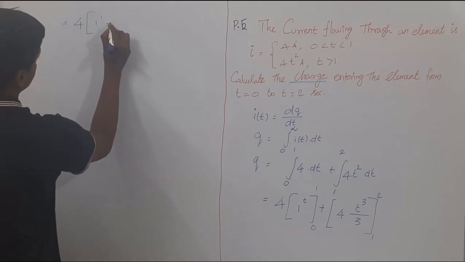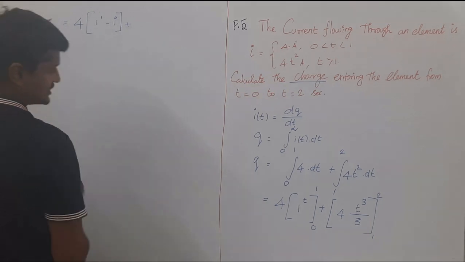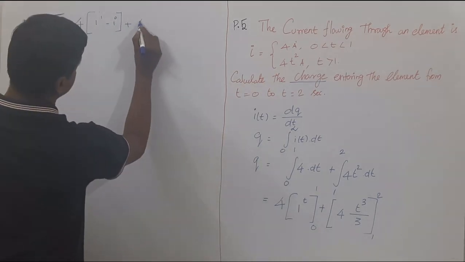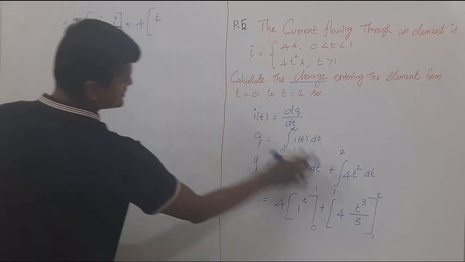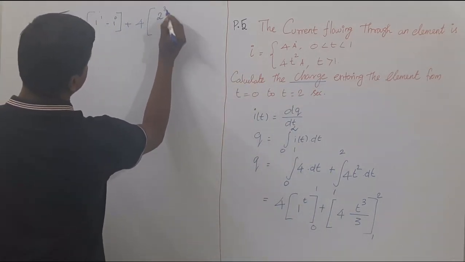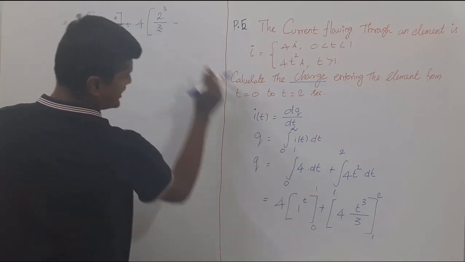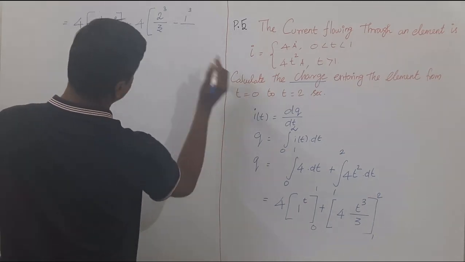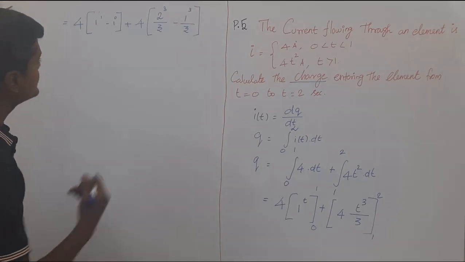Plus, keeping 4 as an outside constant, 4 times the higher limit 2³ divided by 3 minus the lower limit 1³ divided by 3.